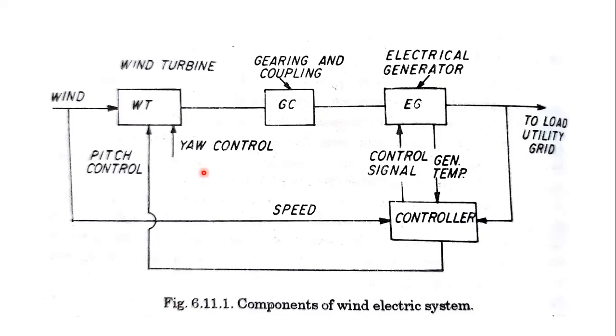Through air control, it is sent to gearing or coupling equipment. After that, it is sent to the generator, and after that, by using some controllers, it is controlled and the electricity is finally given to the utility grid.